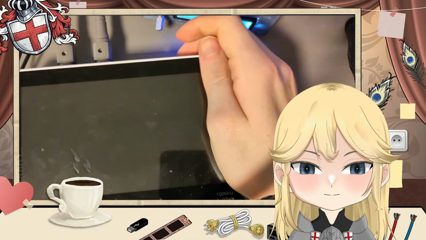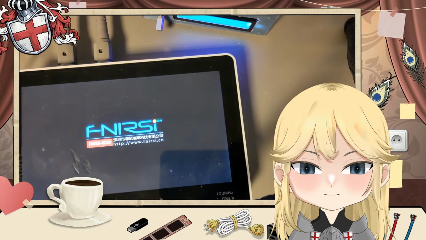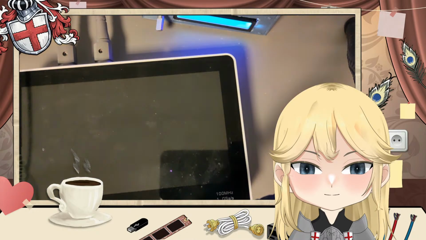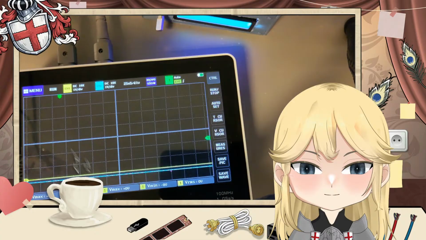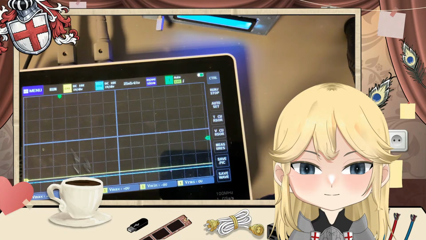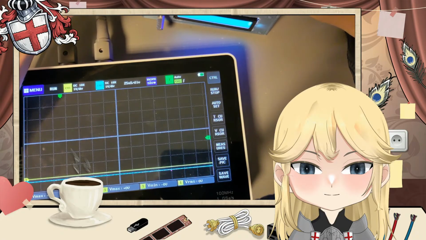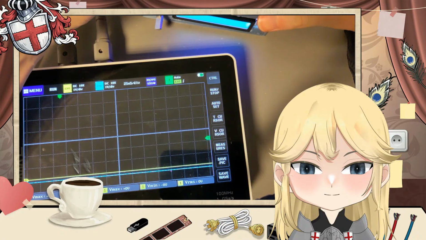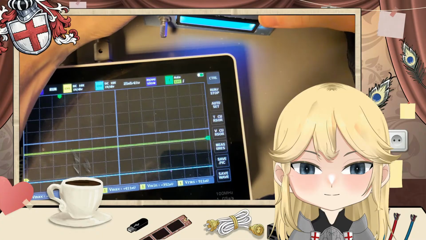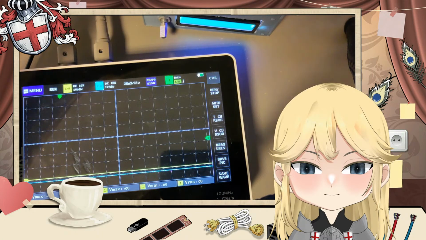Okay, now let's see what we are getting out. I need to connect. Is this annoying? I don't know. Yeah, I need to zoom out.